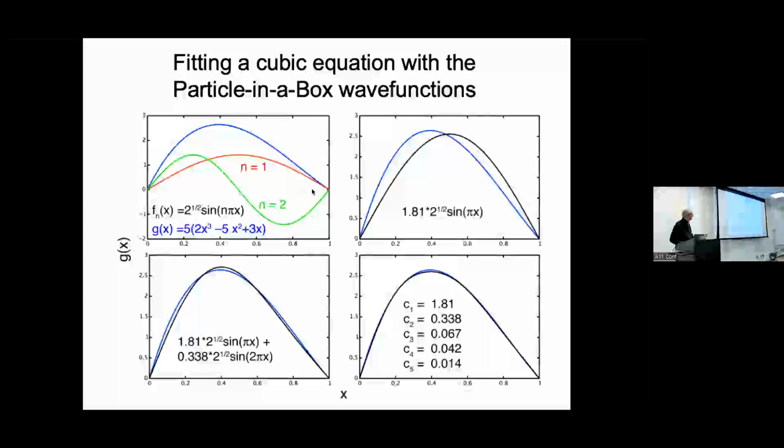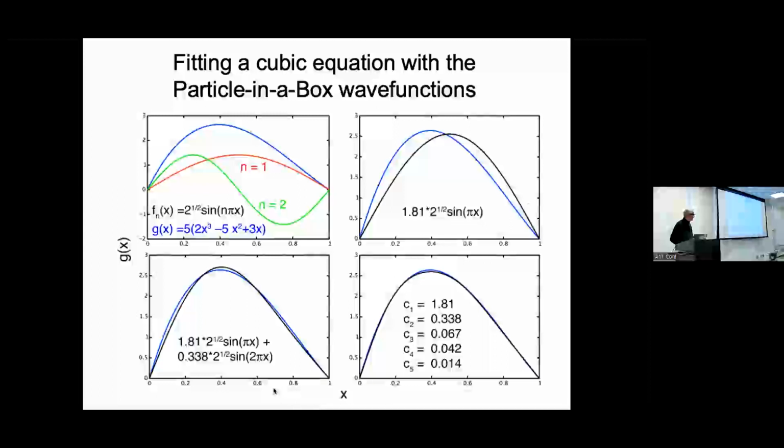the sine function. So what's shown over here is I've tried to find the best approximation to the blue function using just sine with n equal to 1. And you can kind of see that's the best I can do. I got this number from the numerical procedure that I clicked by on the previous page.